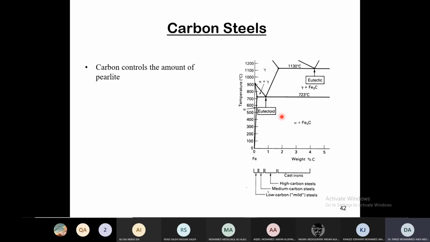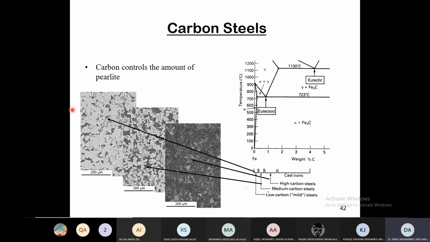As we said, carbon controls the amount of perlite. We can increase the carbon content and therefore increase the amount of perlite in the material. This microstructure, as you see, is for the low carbon content. So we have a perlitic structure, and the black ones are the perlite and the white ones are the ferrite phase, basically.